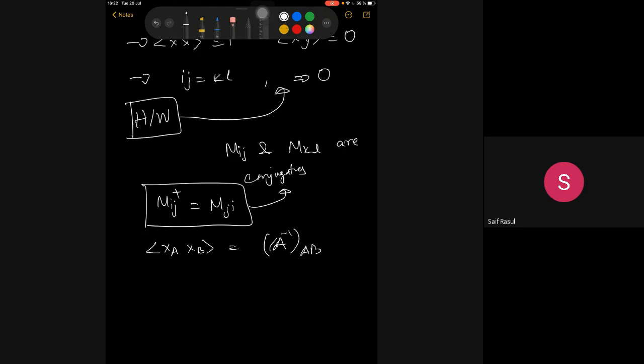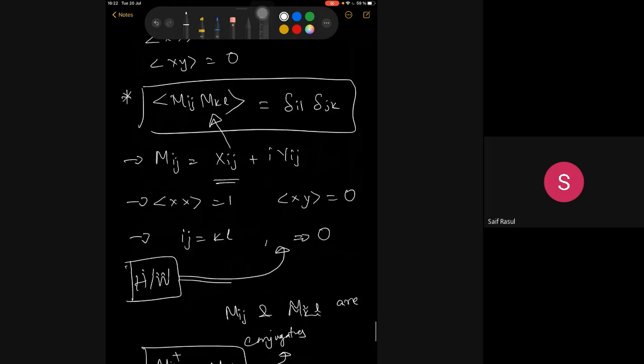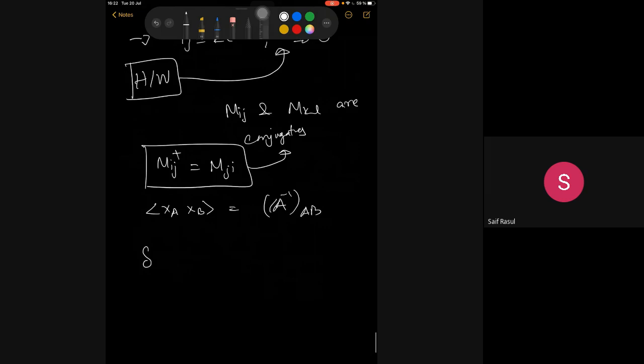In terms of the fat graph, they're all just delta functions. A small review about delta functions is that if i equals j, then 1, if i is not equal to j, then 0.